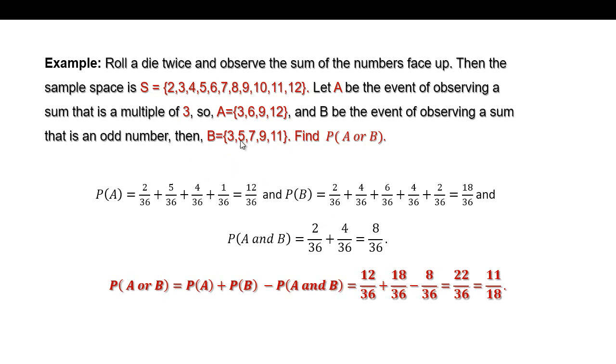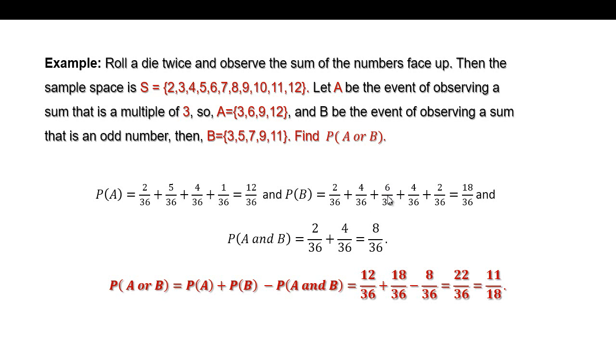The probability of B works the same way. We just take the sum of the probabilities of the outcomes in B. For example, the probability of getting a 7 is 6 over 36. How many ways can I get 7? I can use 6 and 1, 1 and 6, so that's 2.